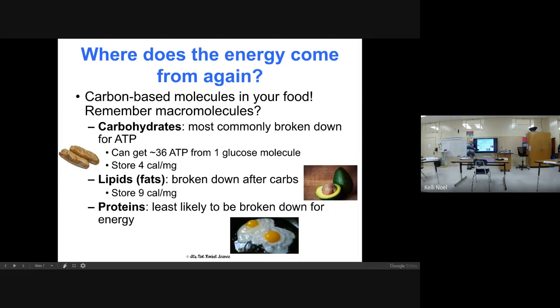Now, if you eat a high carbohydrate diet, your body's not going to use all those carbs you've eaten. And so your body is going to store those carbs in your nice little fat cells or in your liver. If you're not burning the amount that you are eating in carbohydrates, then your body's going to store it for later.